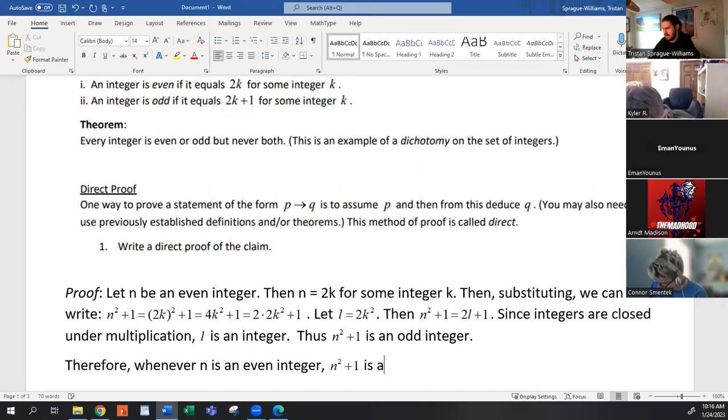Just sort of a restatement of the original claim we were trying to prove in its general form, right?